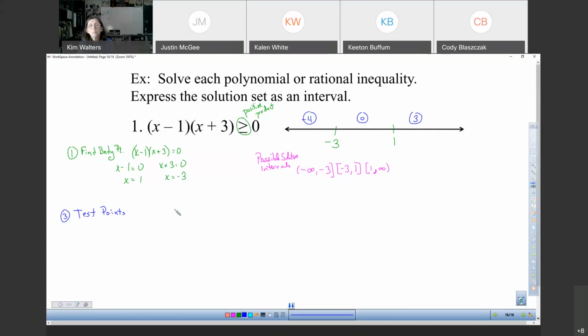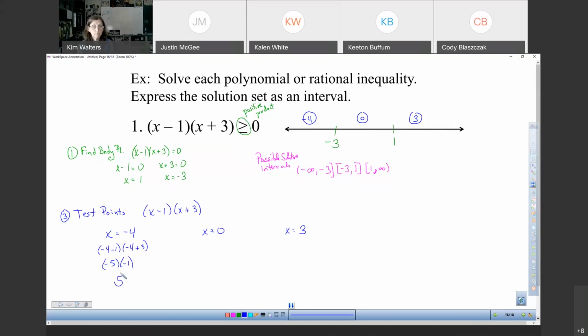All right. So my test points are going to be x is equal to -4, x is equal to 0, and x is equal to +3. And what am I going to do with these test points? Well, my original problem said I wanted a positive product. So I'm going to test my points in this product, and I'm going to see what I get. So I'm going to take -4 minus 1 and -4 plus 3. This is going to give me -5 times -1, and -5 times -1 is +5.